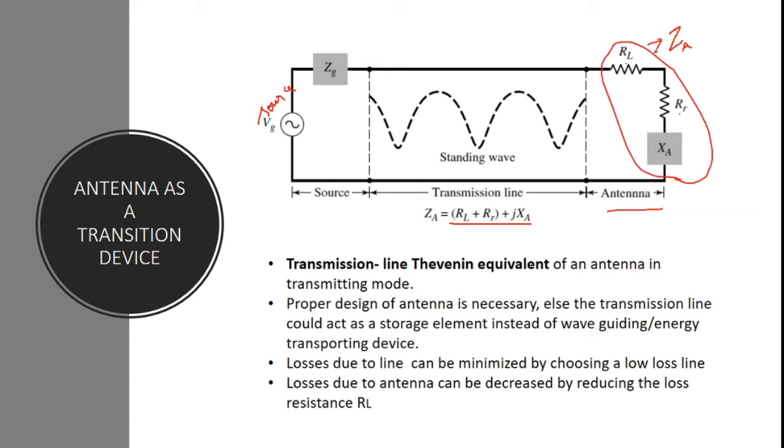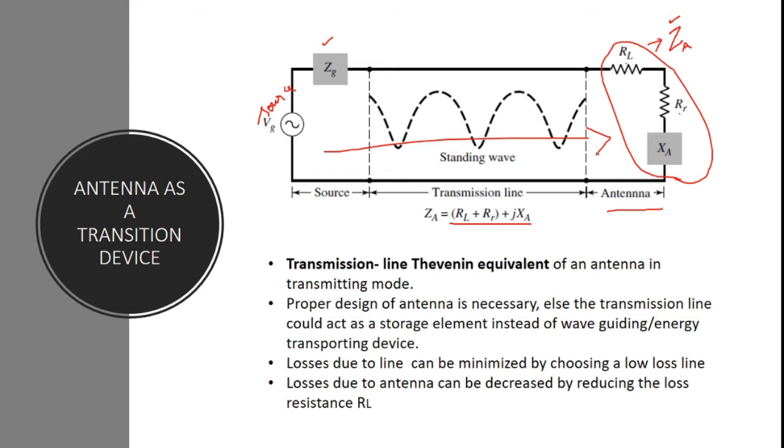And when can we say that maximum power gets transferred from the source to the antenna? As per the maximum power transfer theorem, only if the source impedance and the antenna impedance are matched in nature, we can say that maximum power gets transferred from here to here. Now what happens if proper matching has not been done?